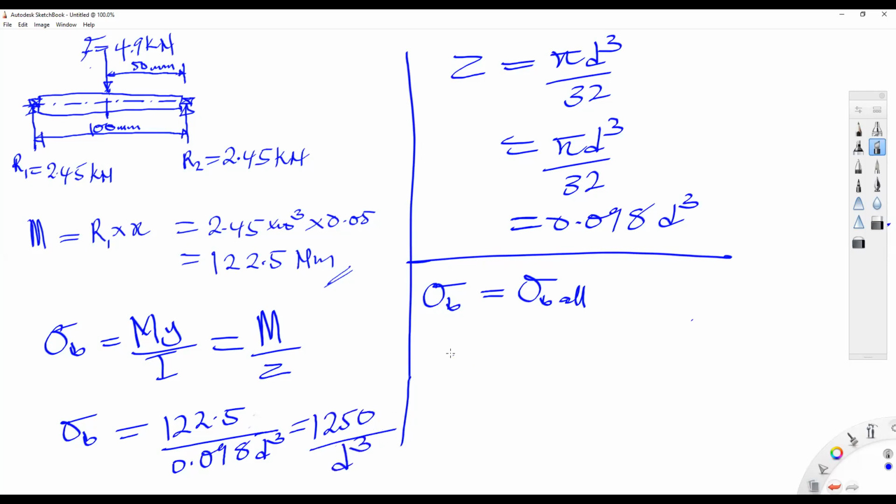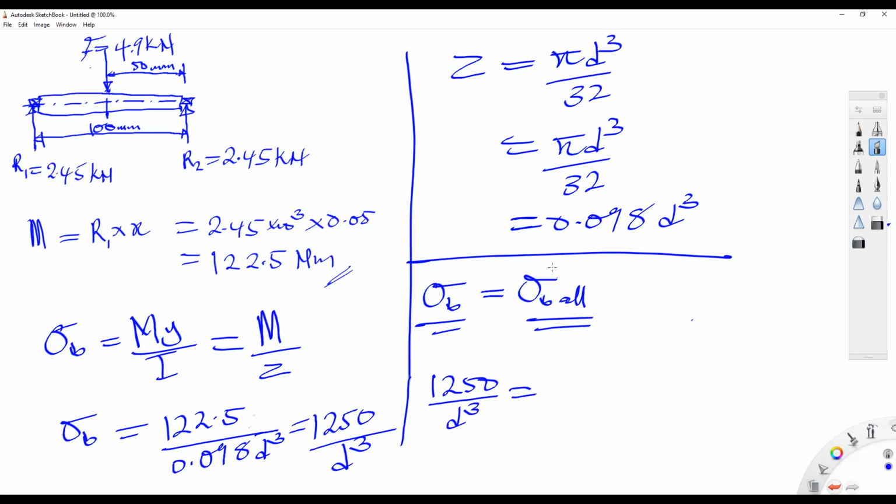Okay, so if we have the bending stress equal to the allowable bending stress, then 1250 over d cubed is equal to the allowable bending stress.